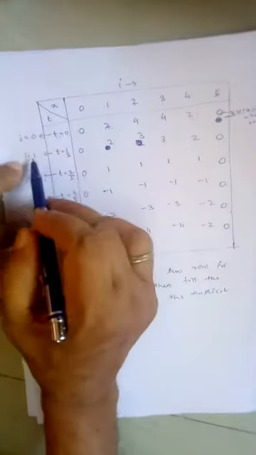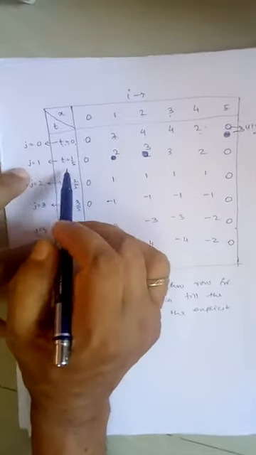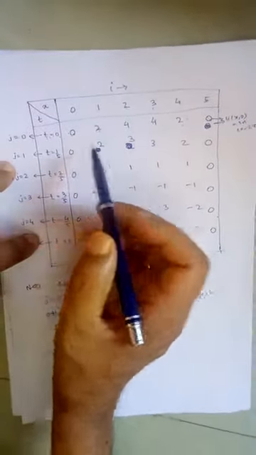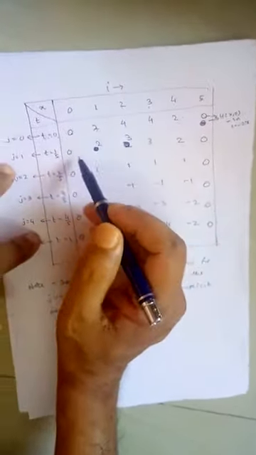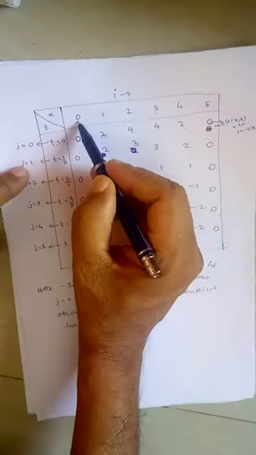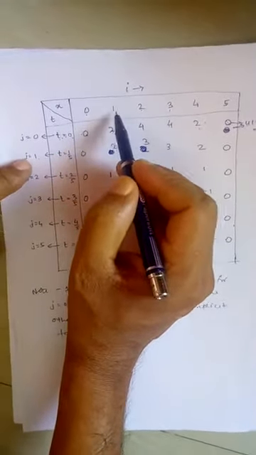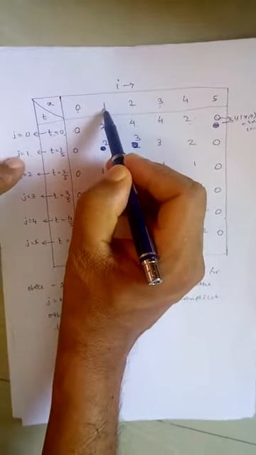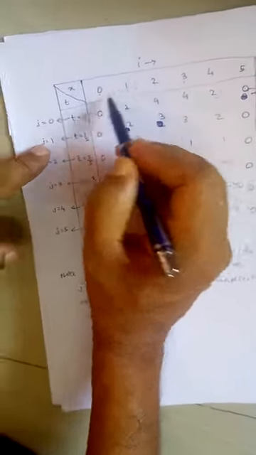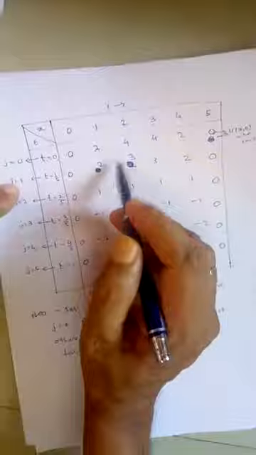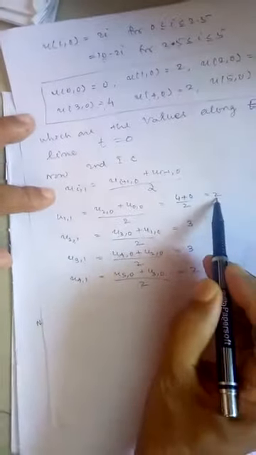Now let us go for j equal to 1, the second initial condition. The second initial condition says that j equal to 1 and i equal to 0 is 0. Now j equal to 1, i equal to 1, so u11. From here you have got 2.